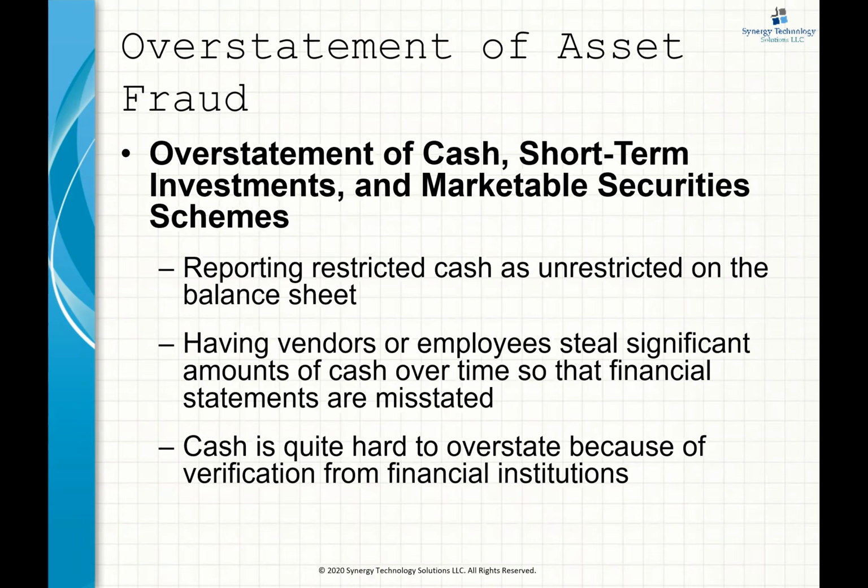Restricted means investors know that that money is not available under any circumstances. But they can disclose the restricted amount as unrestricted, and suddenly the cash balance looks better. Having a vendor or employee steal a significant amount of cash over time, so the financial statements are misstated.